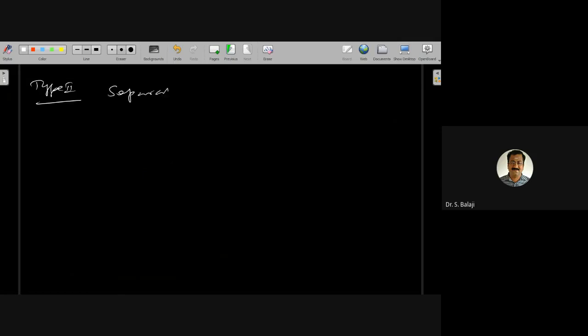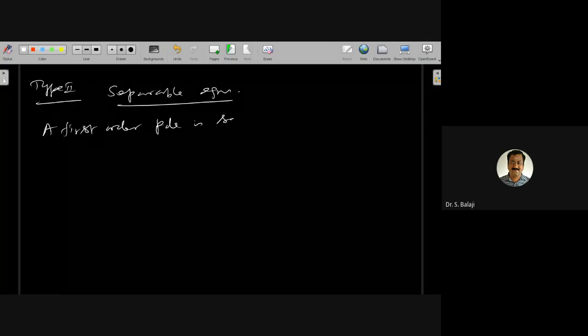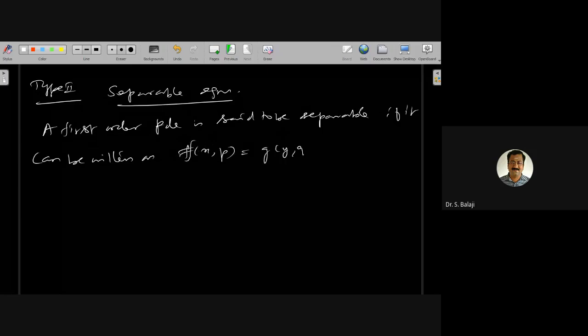A first order PDE is said to be separable if it can be written as a function of x comma p equal to a function of y comma q. We can split x and p on one side and y and q on the other side.